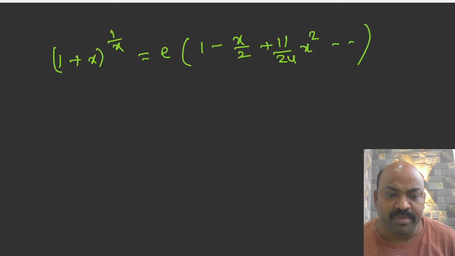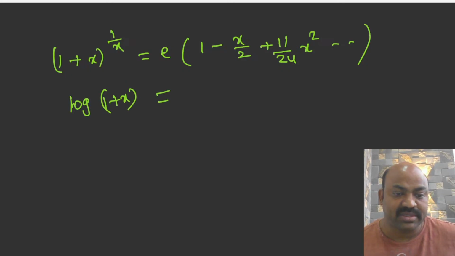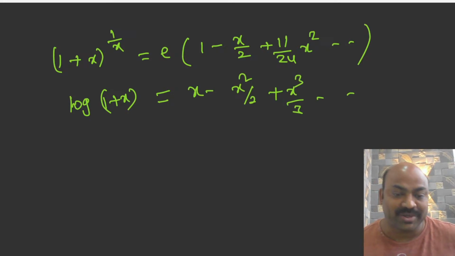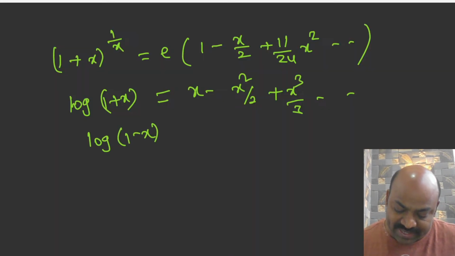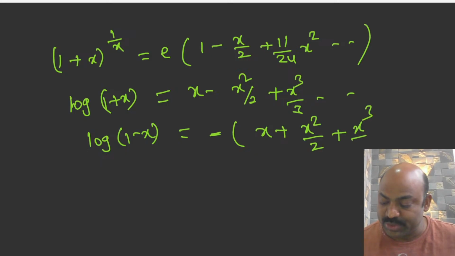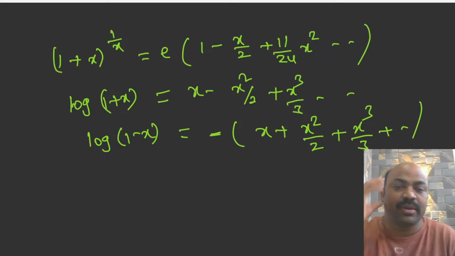And if you want to remember one more beautiful point, log of 1 plus x is nothing but x minus x square by 2 plus x cube by 3. No factorial, please take care. And log of 1 minus x, you can take the minus out: x plus x square by 2, x cube by 3 and so on. This list you should completely keep in your mind.